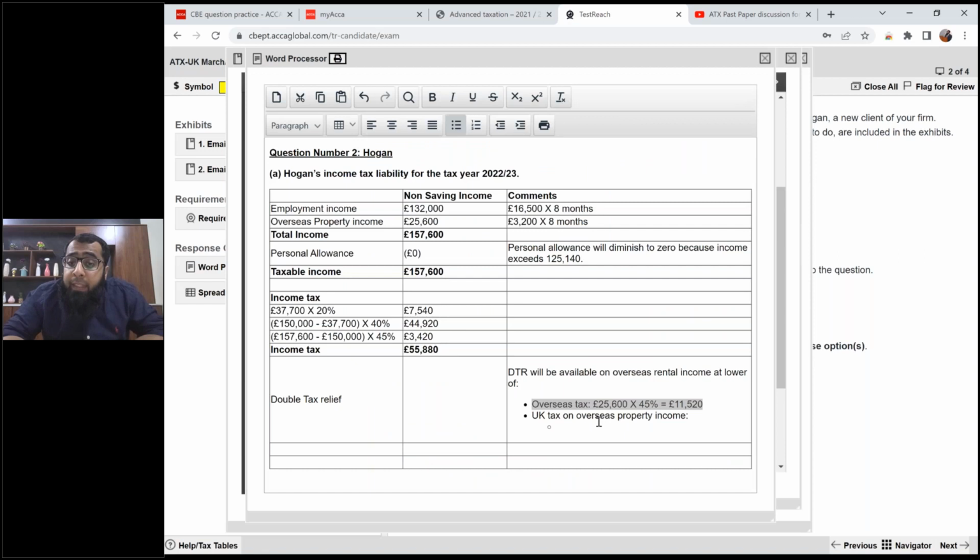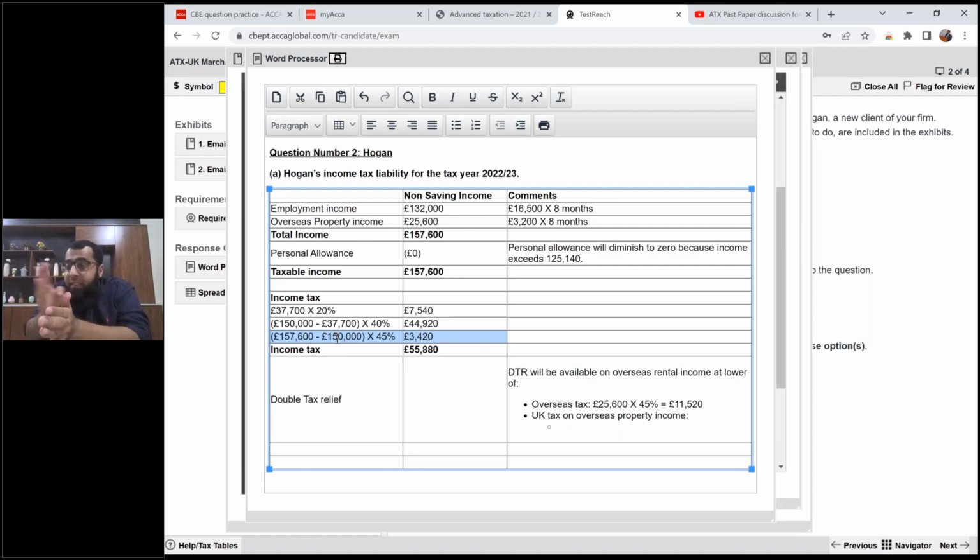Now in UK, I will tax it at maximum rates. Now how? See, 7,600 was taxed at 45%. For the maximum rate, I will pick up the last slices.